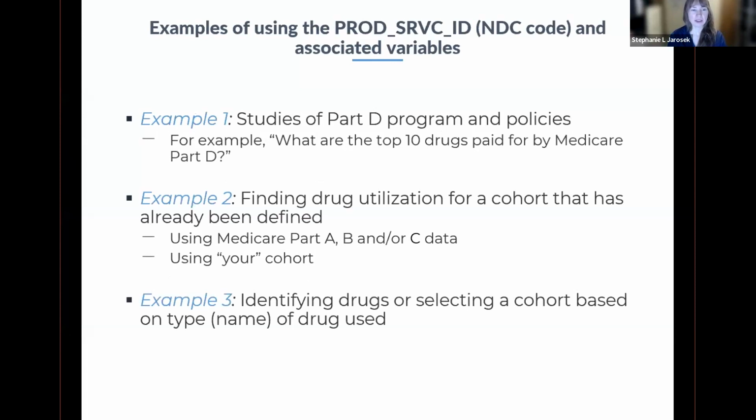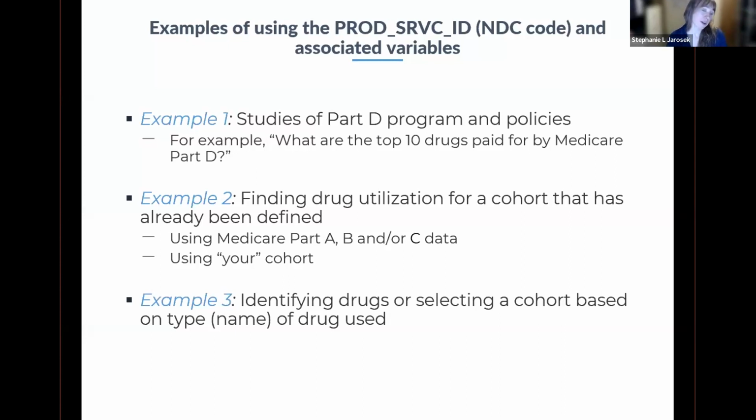So when we think about trying to use the product service ID and the associated variables, so we have the brand name, generic name. When we're thinking about this, if we were doing maybe a study of the Part D program, maybe we want to say, oh, we've got all this information. What are the top 10 drugs paid for by the Medicare Part D?